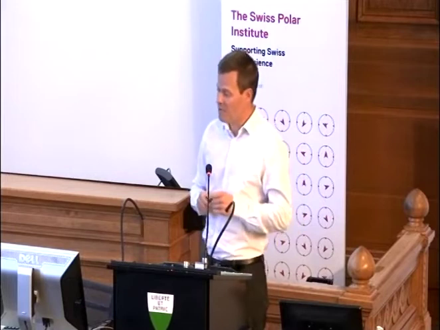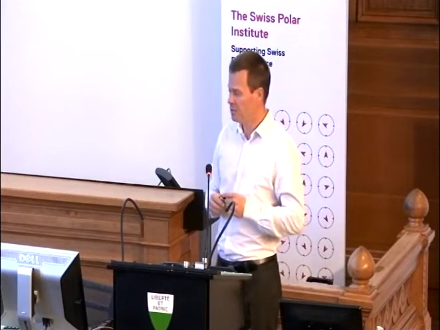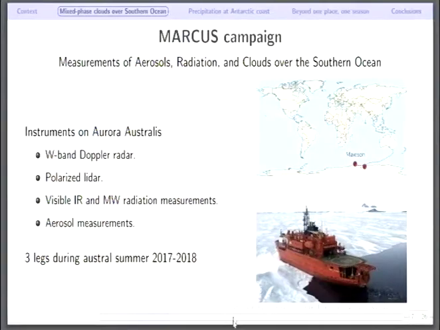So, mixed phase clouds over the Southern Ocean. Here we will use data from the MARCUS campaign. There were different instruments on the Aurora Australis, the Australian icebreaker that does the legs between Australia and the Australian stations.